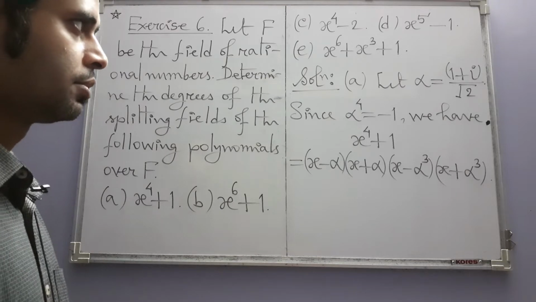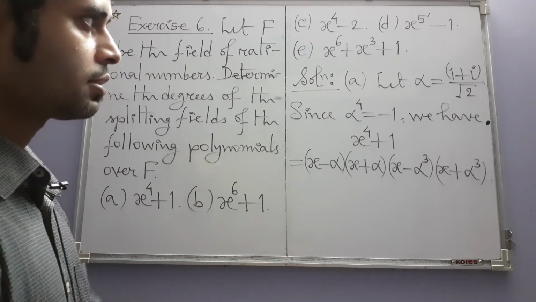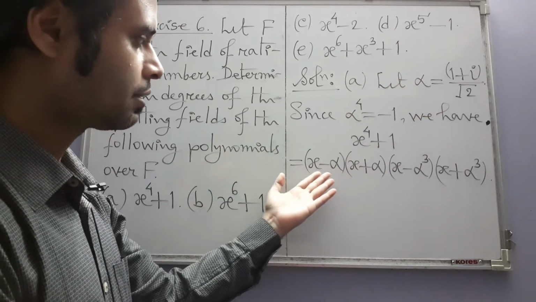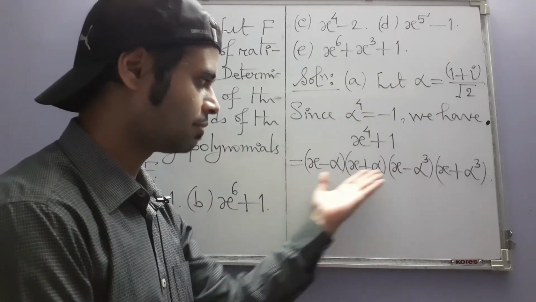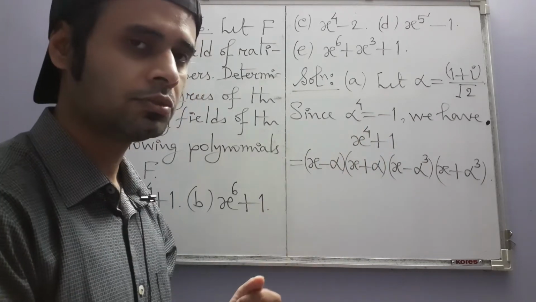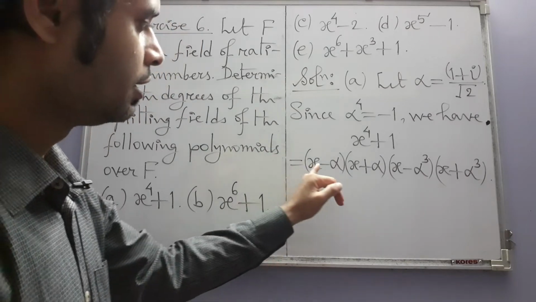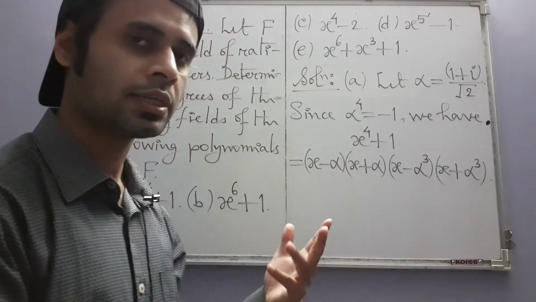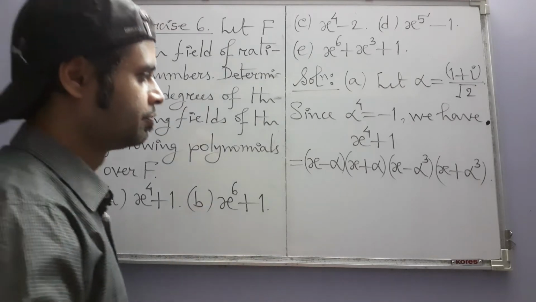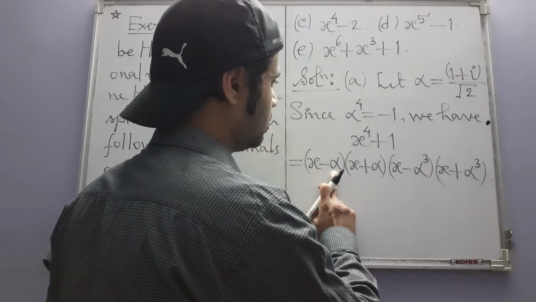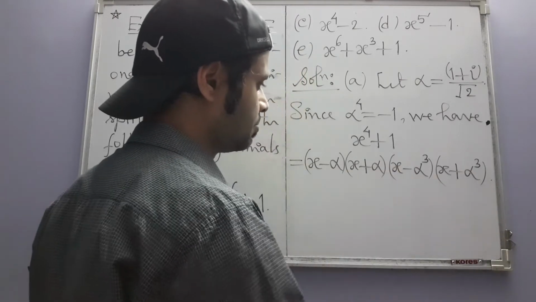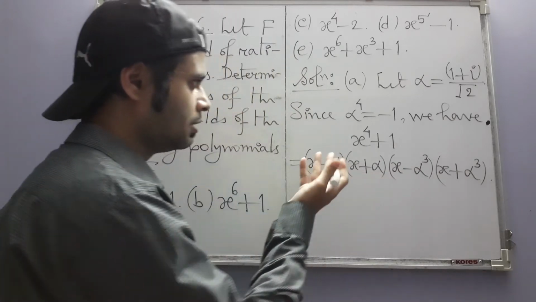Why we are considering such a complex number out of nowhere in the beginning, that now becomes clear after we have written down the complete factorization of our polynomial as a product of 4 linear factors. In each factor x appears as x and no higher powers of x are appearing. Now you can verify that this is equal to this by a procedure which I think we discussed before.